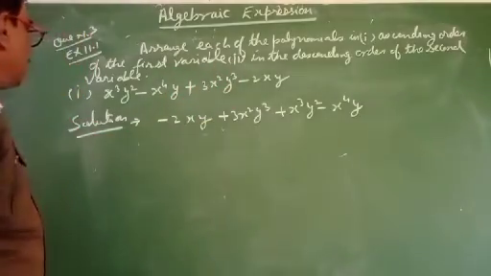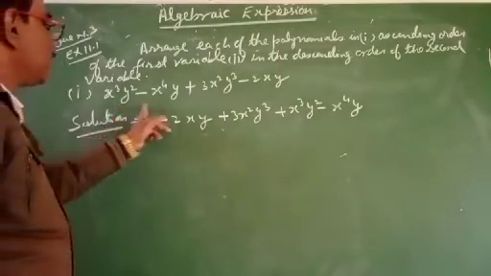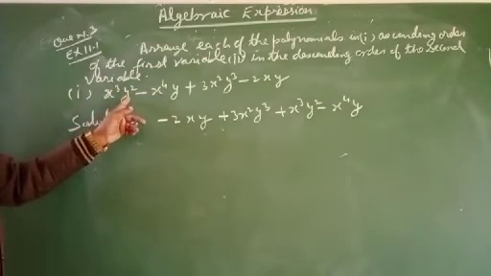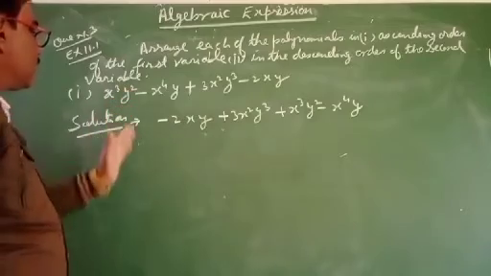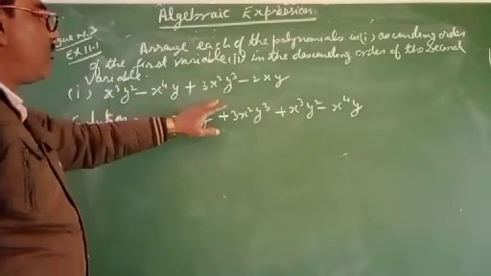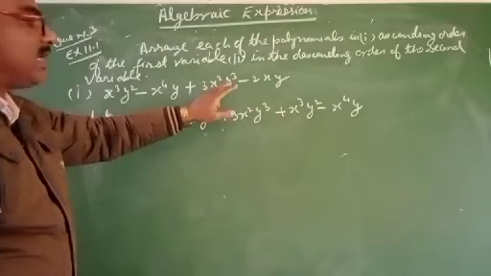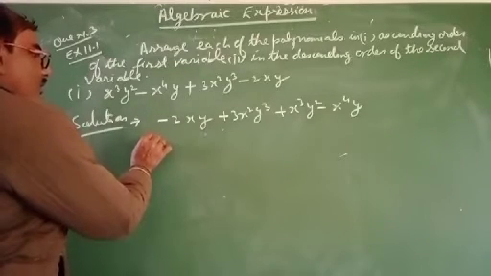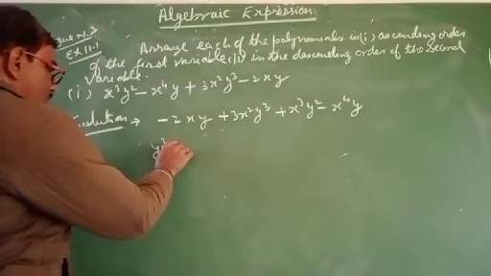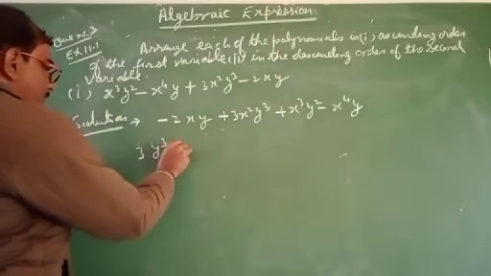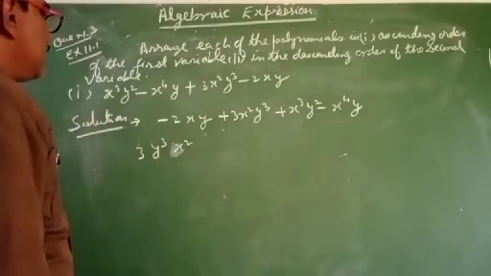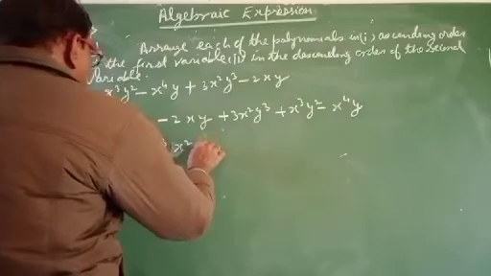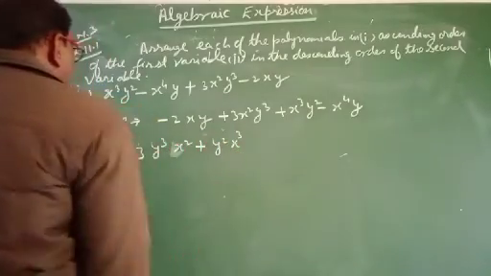Now you have to arrange this polynomial in descending order of the second variable. Here the second variable is y. Therefore I will find where the power of y is highest. Here the highest power is 3, so I will write 3 y cube x square. After this you see that the power of y is 2 here, therefore I will write y square x cube.